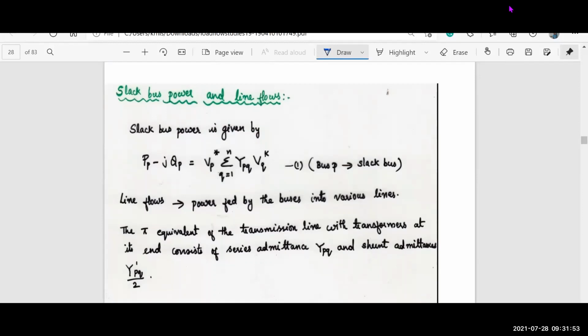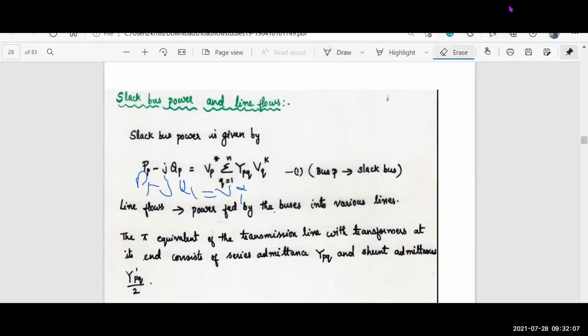Bus p means if we consider bus 1, it will be P1 minus jQ1 equals V1 conjugate times the summation. We will not require the summation because only one value is here, Y12 V2. Only this particular term will be required in this.